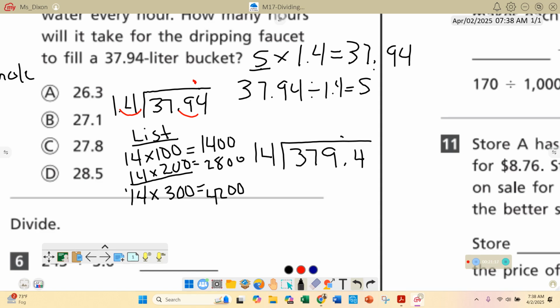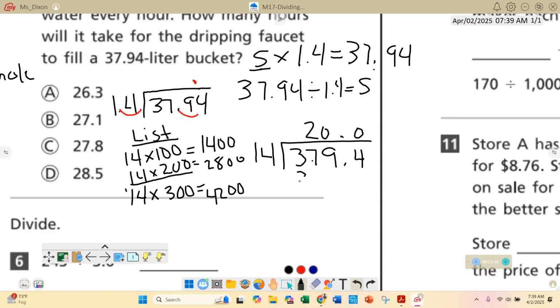Don't forget, when you are writing this, you want to keep your numbers aligned so that that decimal that we are bringing up stays where it needs to be. So I put the 2 over the hundreds place if this was a whole number, the 0 over the tens if it was a whole number, and the other 0 over the ones as if it was a whole number. Right?